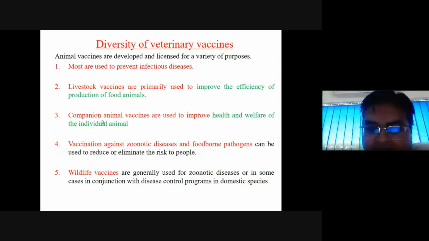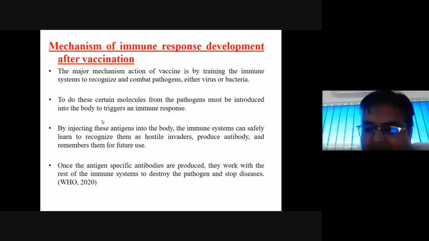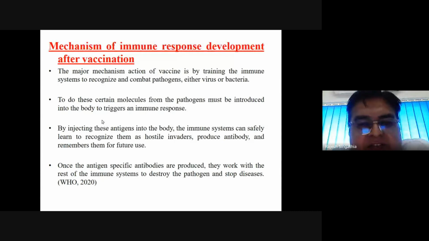So next is the mechanism of immune response, and we already know about the mechanism of immune response development. The major mechanism of action of a vaccine is training the immune system to recognize and combat pathogens, either virus or bacteria.